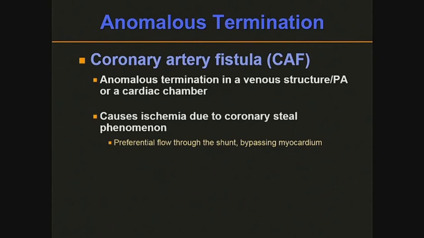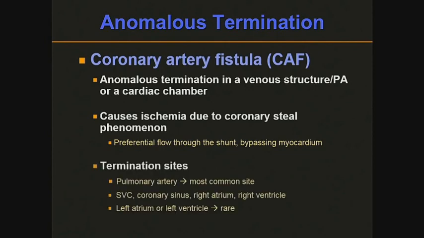As time goes by, these fistulas get larger, and the larger they get, the more the shunt increases. Because it takes time for shunt flow to increase, these patients tend to present later in life. The most common age for presentation of a fistula is in the 30s and 40s.